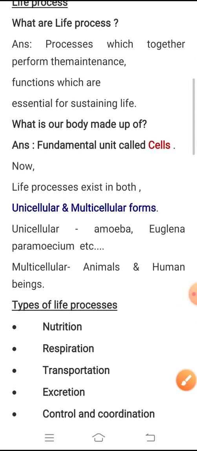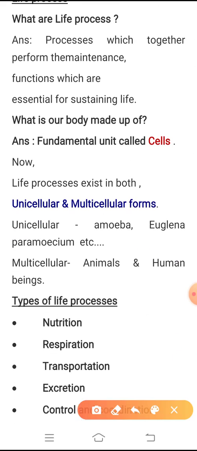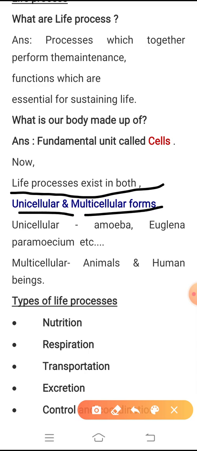Now, these life processes exist both in unicellular and multicellular forms. What are unicellular? What are multicellular? You are already aware of these terms also. Unicellular means single-celled organism.